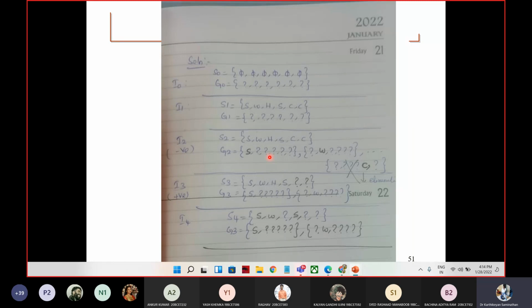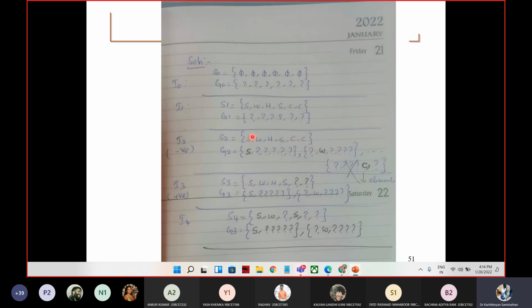Wherever there is a contradiction, I need to make the individual pair of hypothesis more specific. So now I am taking this, yes, sunny versus rainy.